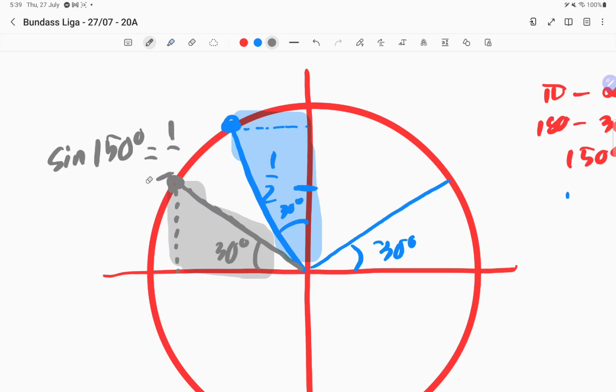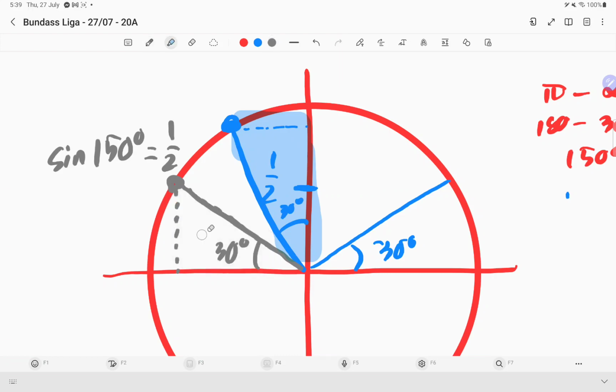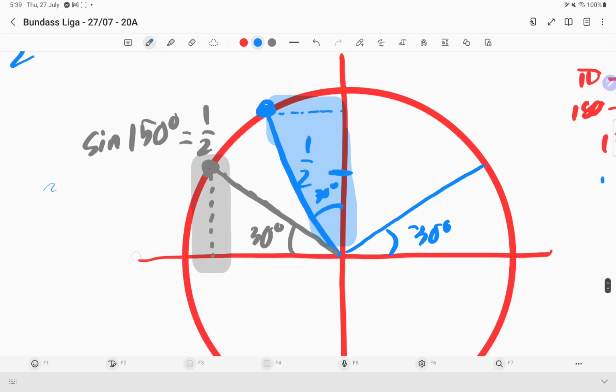Remember symmetry angles: they both must have the same sine value, which is a half. Note that sine of 30 degrees is the length of this side here over the hypotenuse. So what do you think is, let's say, cos of 120 degrees?